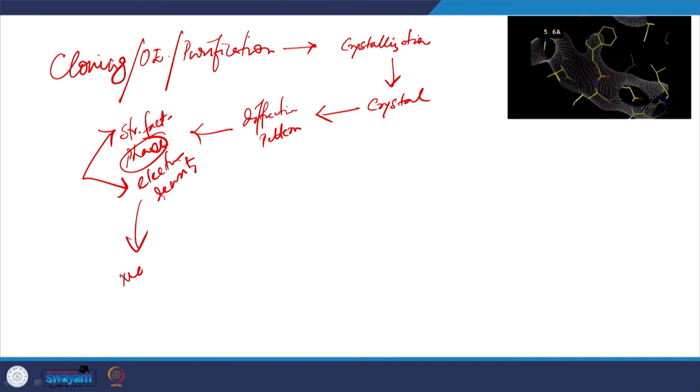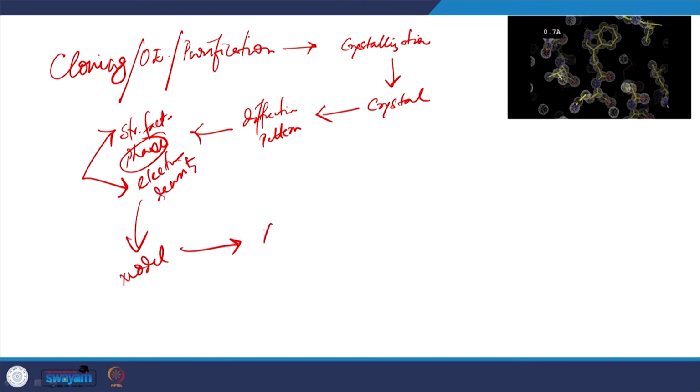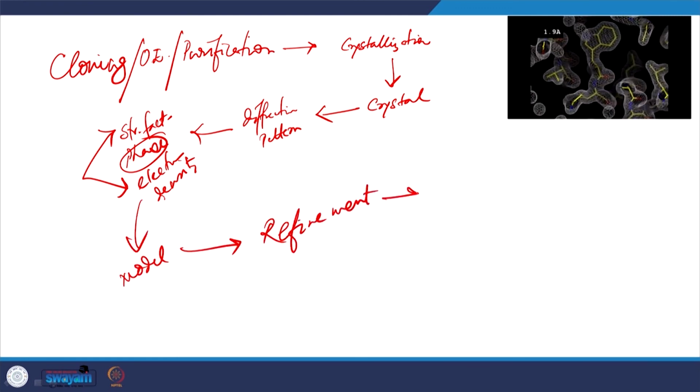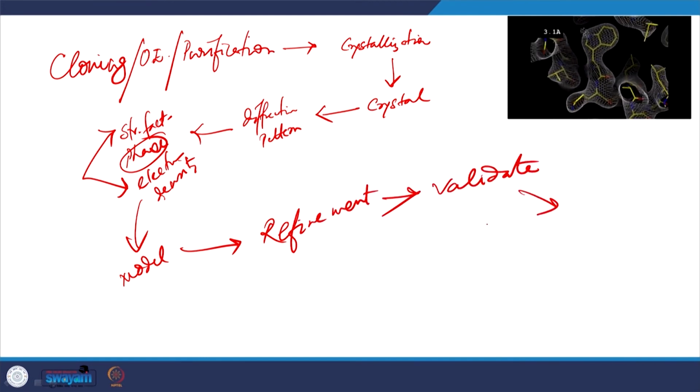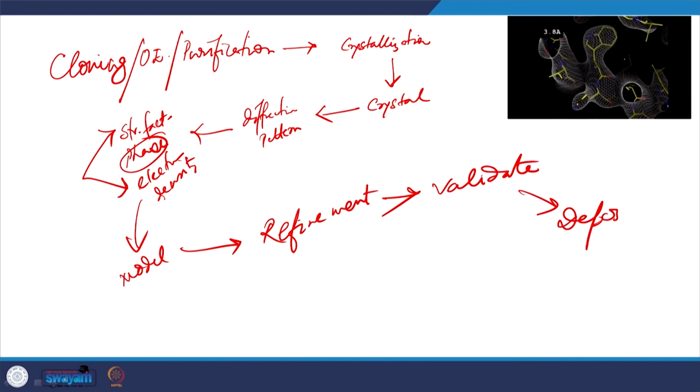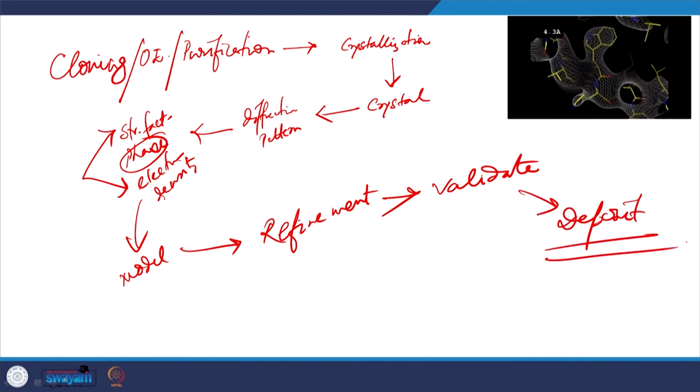From there we have a model, we do refinement, then validate, and ultimately deposit the structure. So, that is a long journey of learning the X-ray crystallography technique. I have tried my best to develop a continuous model so that you could follow me.